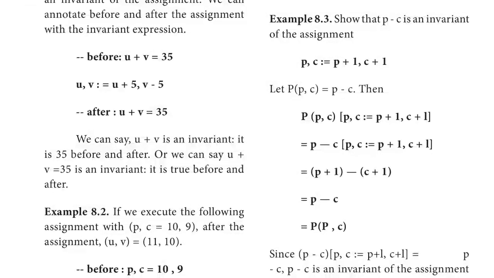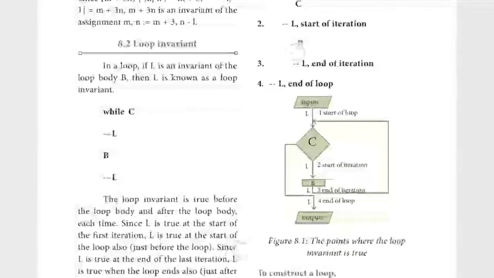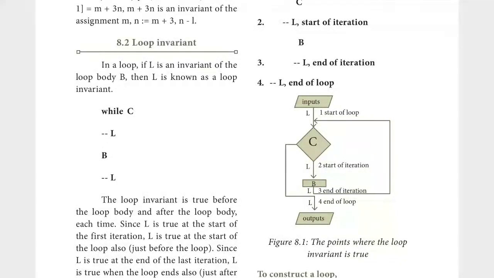There are so many conditions in your program in which these kinds of concepts will arise. There are so many examples. Loop invariant means the loop will be executing again and again, but the value will not be changed.